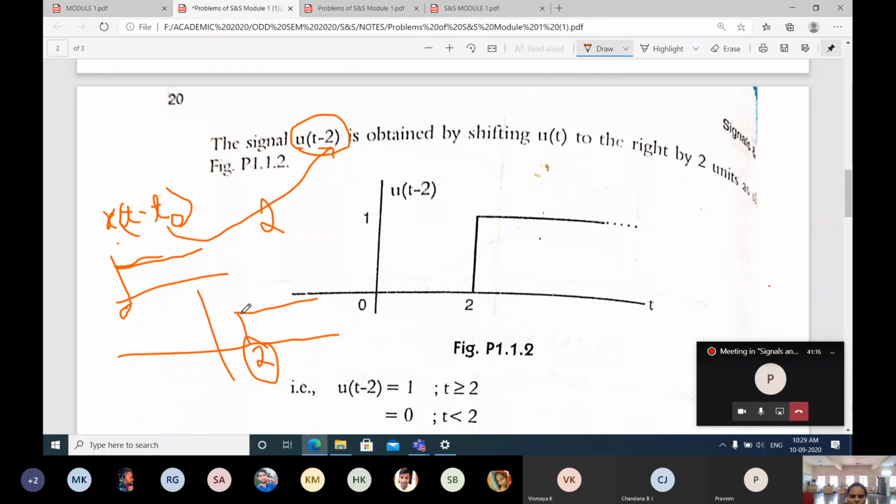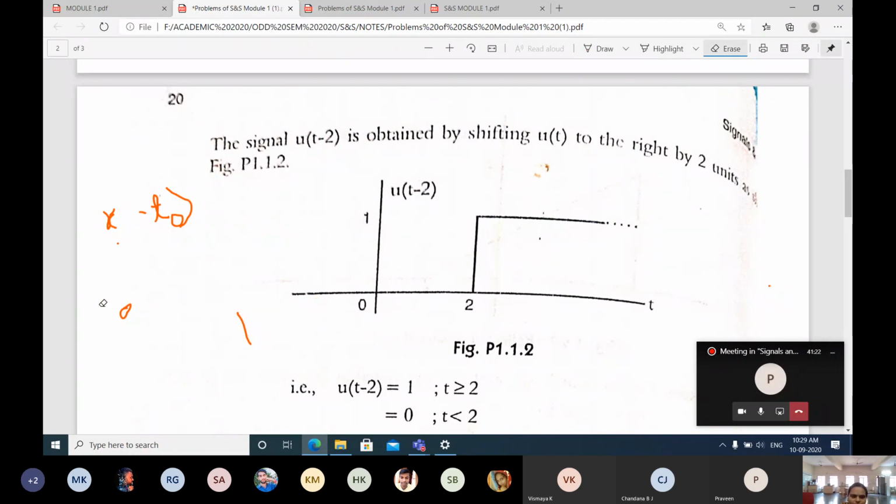This is the shift operation. Observe, the same thing has taken place. What is our t naught value? T naught is 2.